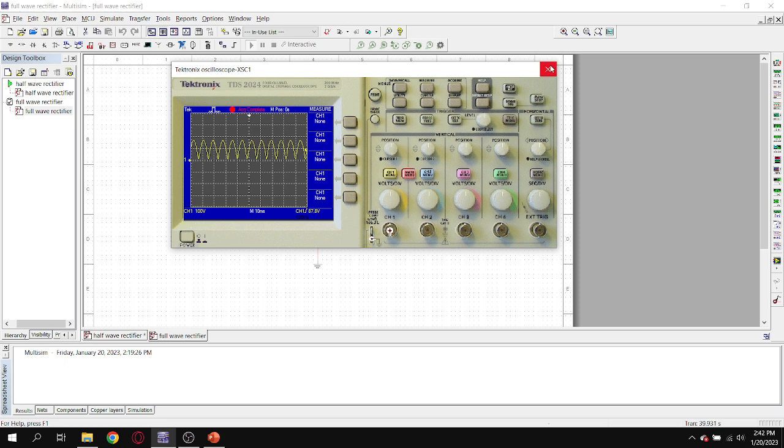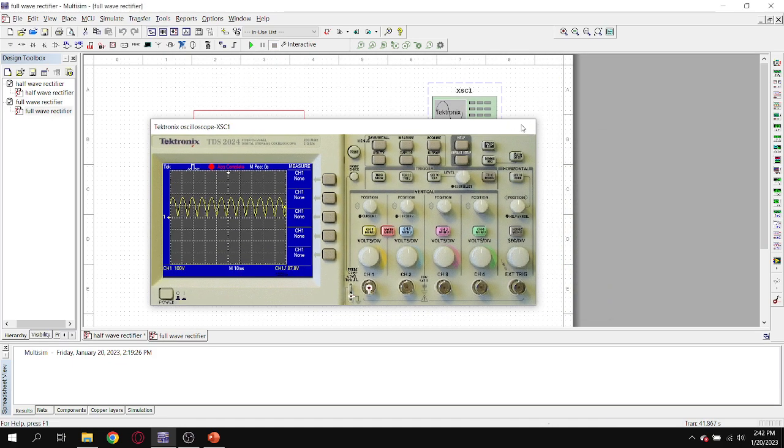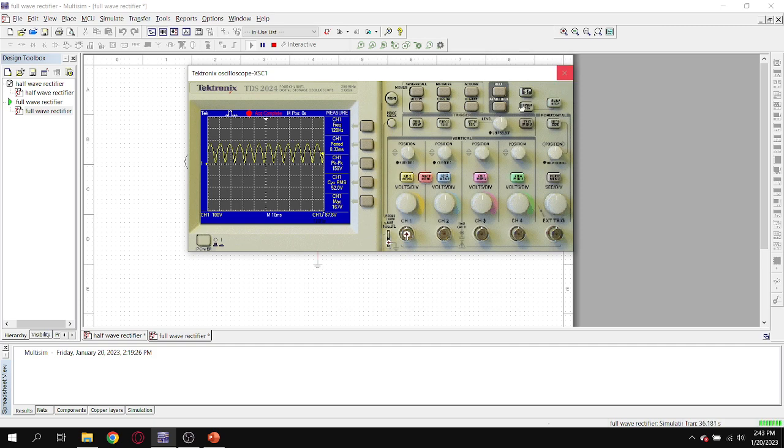So let's just put down some measurements here.